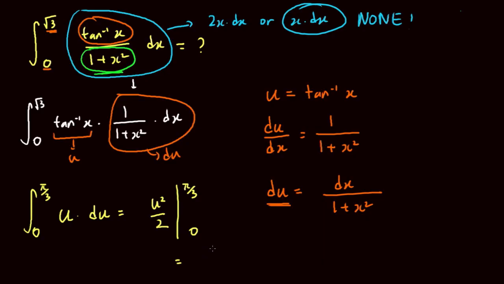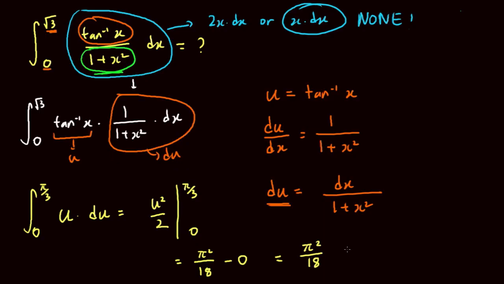And if you simplify it, let me clear this out, you'd have here, let me just write it, pi over 3 squared divided by 2 would give me pi squared over 18 minus 0, leaving me with the answer of pi squared over 18.